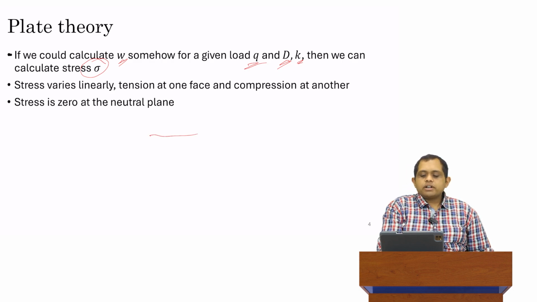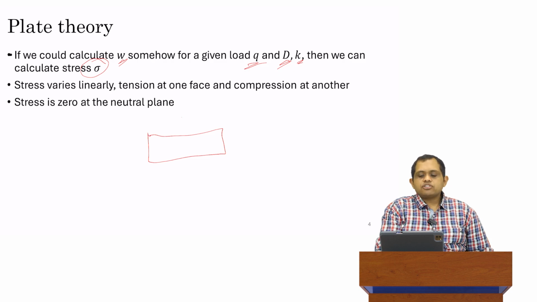So again, let's look at a cross-section. If this cross-section is under some loading and it undergoes flexure, and we take any cross-section and we plot the stresses, this is going to be the neutral plane. So at the neutral plane, stress is going to be 0. I'm here plotting stress, and this line represents stress equal to 0.